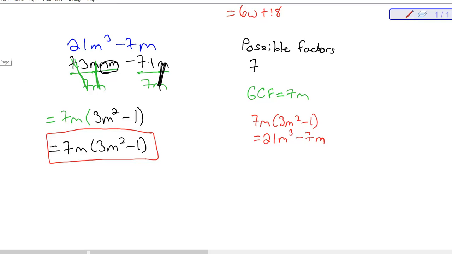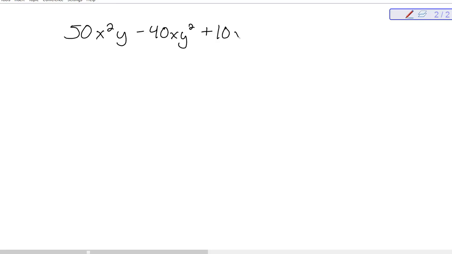Let's try another one with greatest common factors before we move on to factor by grouping. So if we start with 50 x squared y minus 40 x y squared plus 10 xy. Okay, so let's first look at all three numbers.